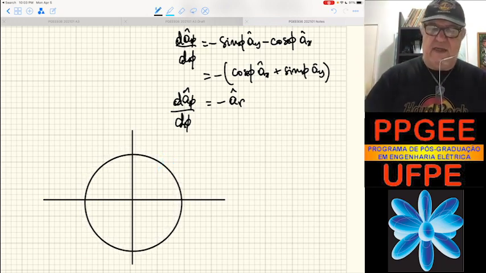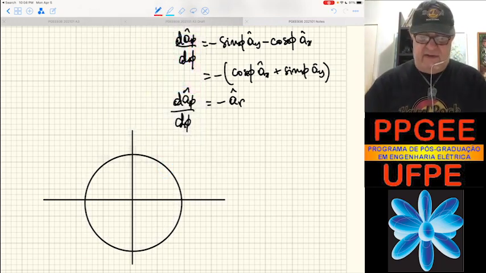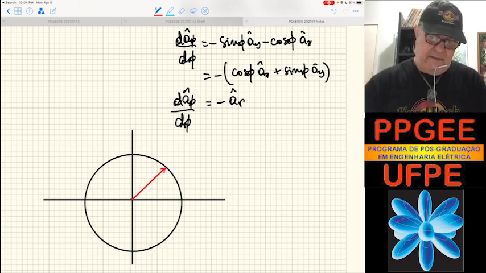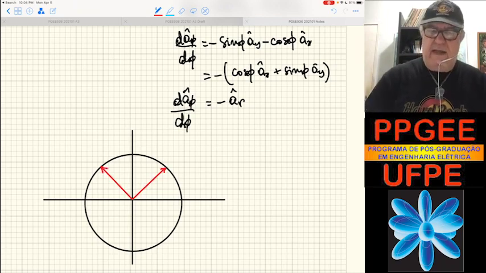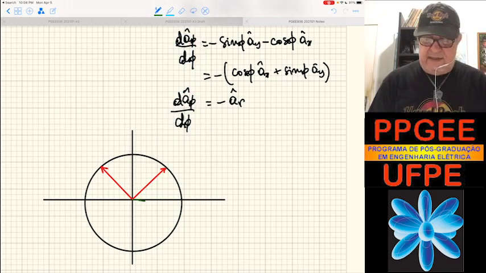So I'm going to draw the versors. I'm going to make the derivatives of the cylindrical versors: AR, A phi, and in green, you have AX and AY.